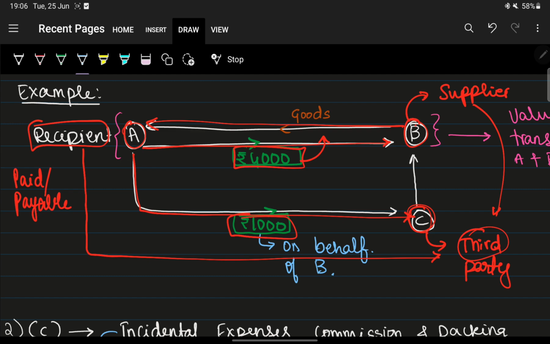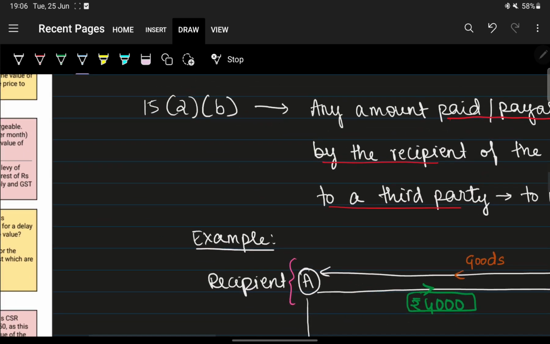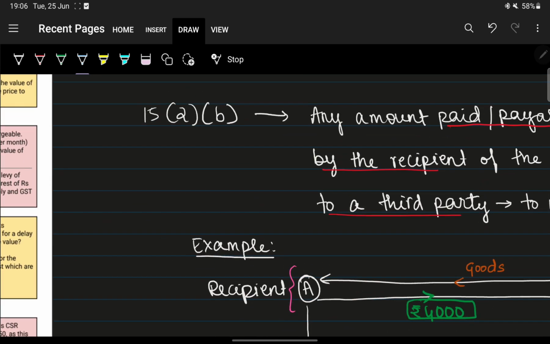Now what is the logic behind this section 15 clause B? Here the logic is that if the supplier himself had paid the transportation agency, he would have added it to your bill only. Let's say he supplied you goods of 15,000 rupees, and to the transport agency he has to pay 1000 rupees, so he will make you a bill for 16,000 rupees.